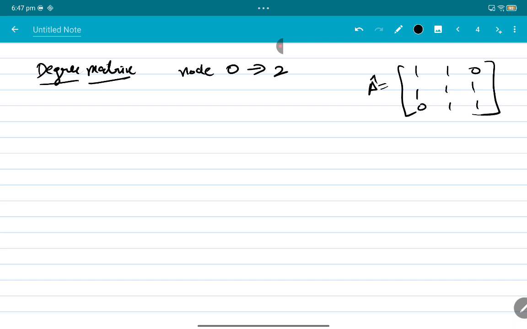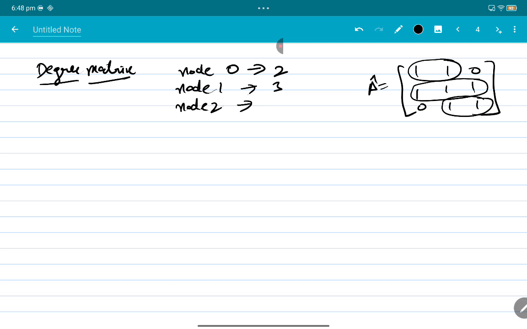So node 0 is connected with two other nodes, node 1 is connected with three nodes, and node 2 is connected with two nodes. The degree matrix is a diagonal matrix, so it can be represented as 2 3 2, and the rest are 0.